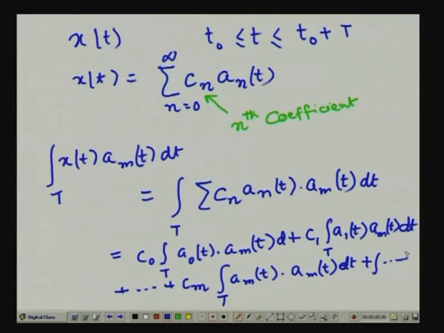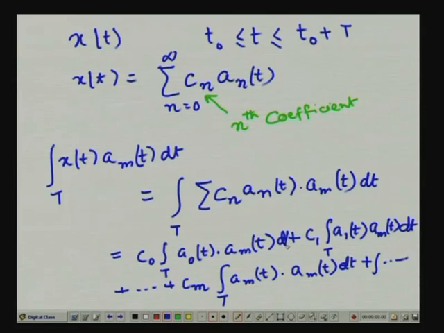Now, as per the definition of orthogonality that we have said, the integral of a_n(t) into a_m(t) dt will be equal to some constant k if and only if m is equal to n, and this integral will vanish for all cases wherever m is not equal to n.